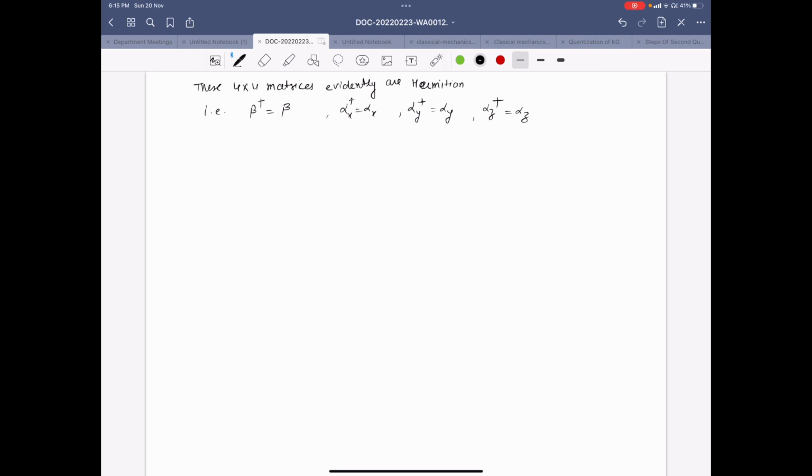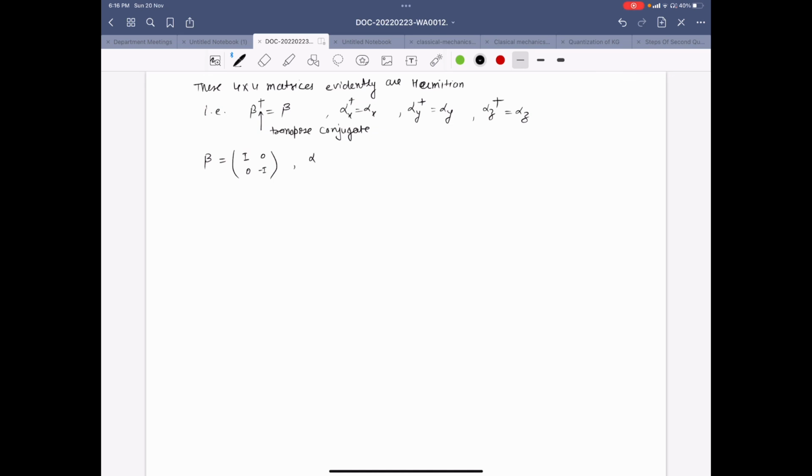This is your transpose conjugate. So these four matrices can be taken in the form of purely 2 by 2 spin matrices. Like that, beta is equal to I 0, 0 minus I.